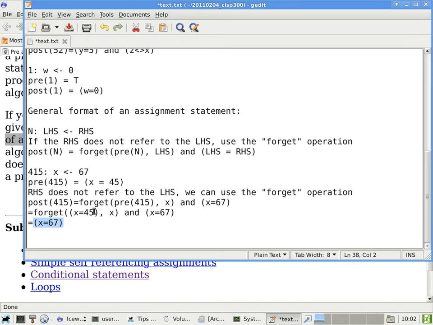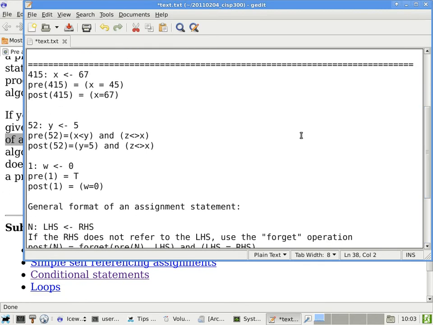It's a very mechanical process. And we want things to be mechanical because that will help us look at a particular assignment statement and know how to derive the postcondition from the precondition. That's the objective. Are we okay so far?